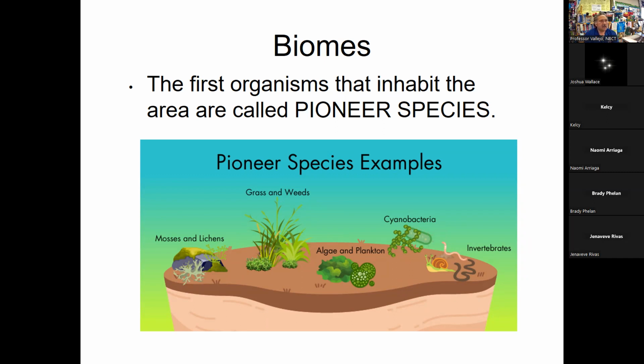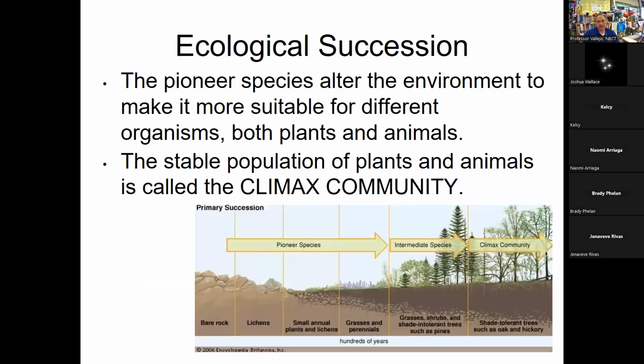If you've ever seen a road that no longer gets used or a parking lot that's in a business that closed down 30 years ago, you're going to see some weeds pop out. Well, weeds are examples of pioneer species, so that is a good thing. And then we have others that are listed here in the graphic, but those are some really good pioneer species.